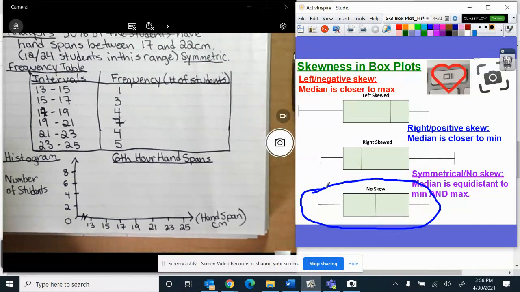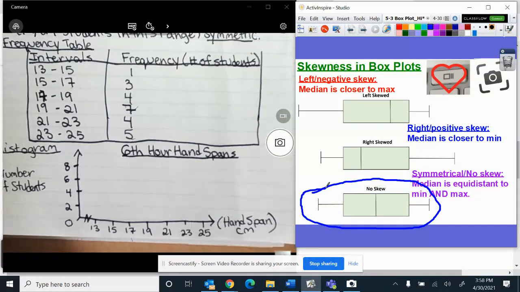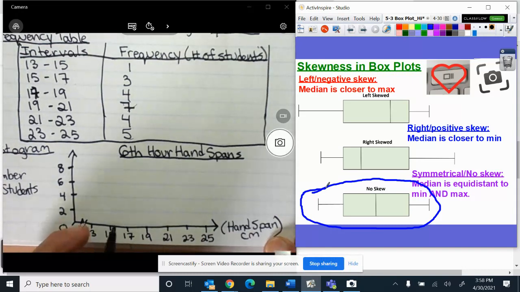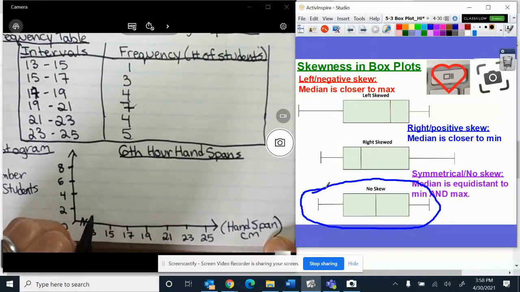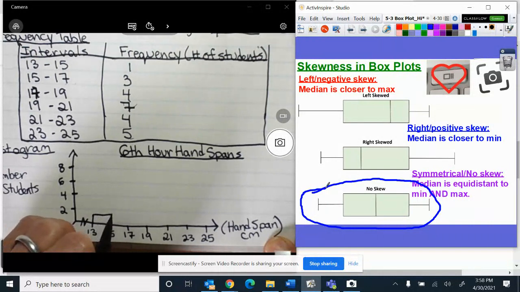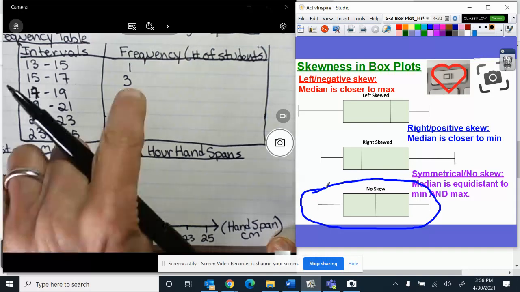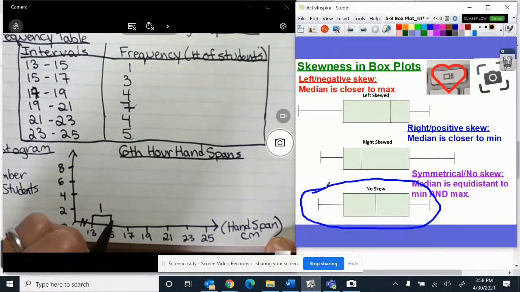Okay, I'm going to zoom in on this histogram. So between 13 and 15 centimeters, we only have 1 student. So the bin is going to go up to the middle of this line. 3 students are between 15 and 17.